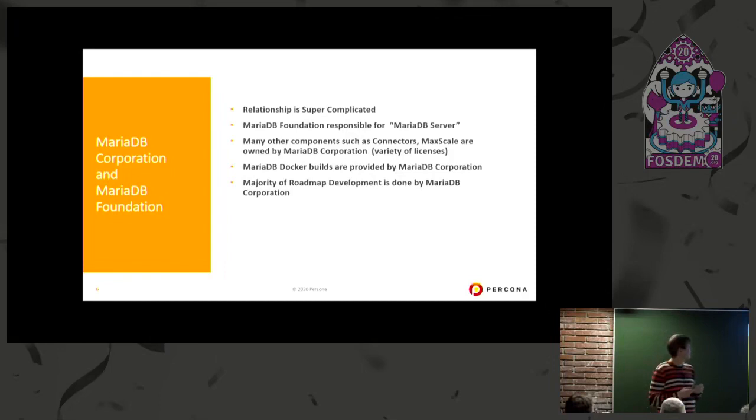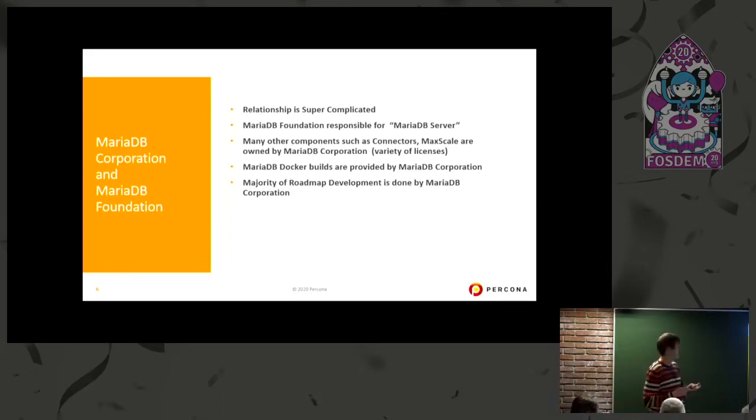The MariaDB Foundation is really responsible for the MariaDB server, right? Many other components such as connectors and MaxScale are owned by MariaDB Corporation. A lot of the stuff MariaDB Corporation does is open source. Some things, like MariaDB MaxScale, are not, right? It's released under the BSL. Now there are also some things which I would find strange.